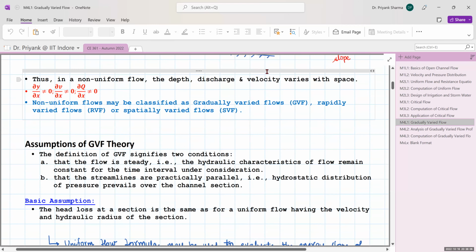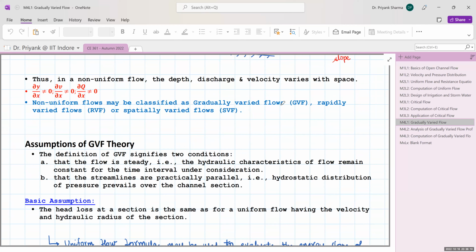Thus, to summarize, in case of a non-uniform flow, the depth, discharge and velocity vary with space. So dy by dx, dv by dx and dq by dx are not equal to 0. So again, the non-uniform flows are gradually varied, rapidly varied or spatially varied flows.